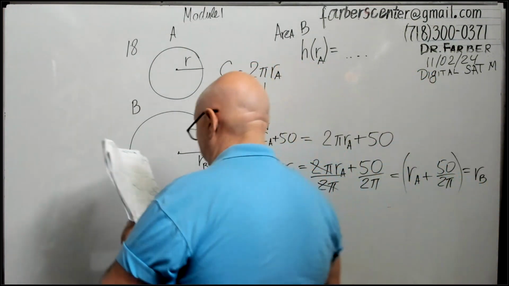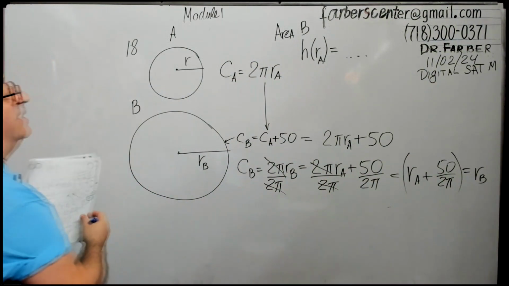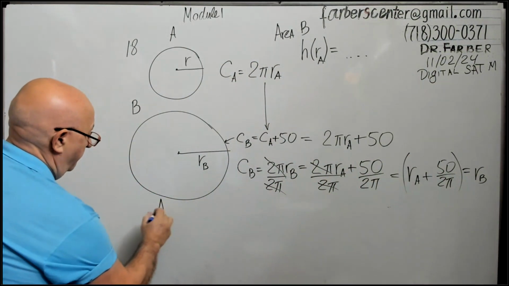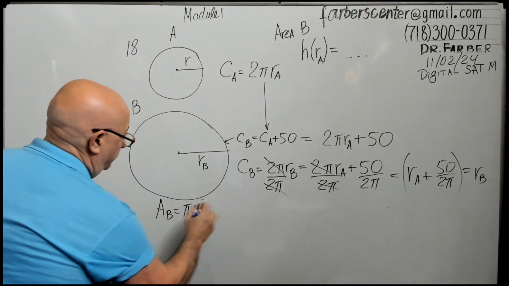Beautiful. Now we can easily find the area. How to find the area? Area of B equals pi RB to the second.